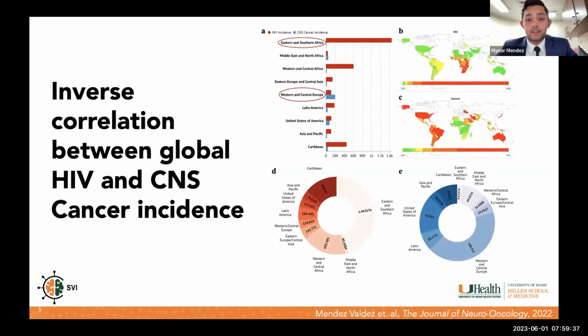In contrast, Western and Central Europe had the highest rate of CNS malignancies with some of the lowest of HIV. And there are many factors that contribute to this, and mainly the increased life expectancy in Western and Central Europe plays a large role in this apparent correlation.